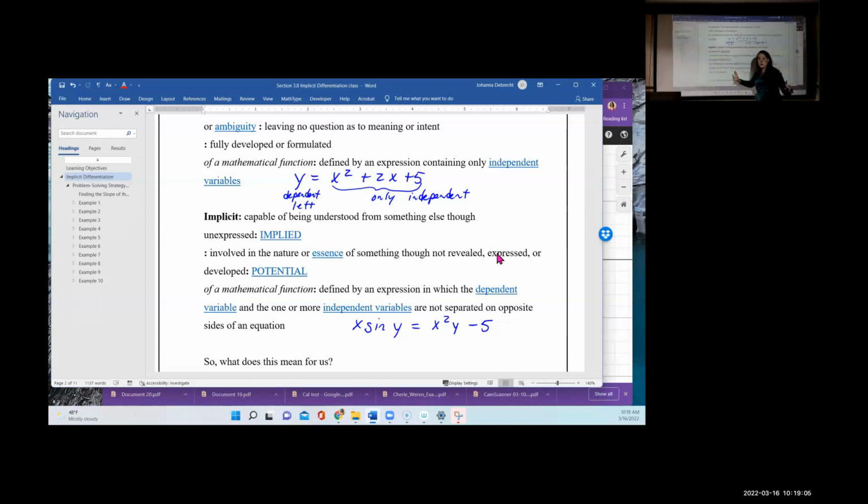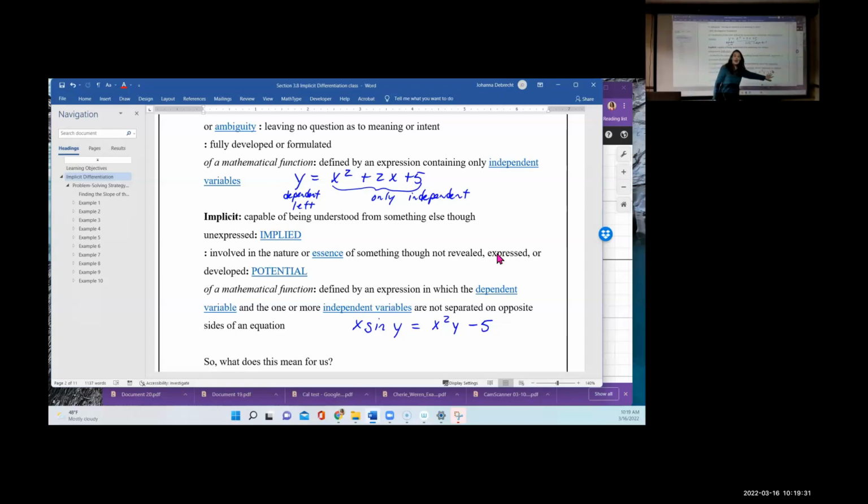There's no way to pull these apart. If I try to get towards the y that's inside the trig function, then I'm going to bury the x squared y that is over here. There's no way for me to get these two y's together in one place. There's no way to solve this equation and write it explicitly as y equals something only involving x.